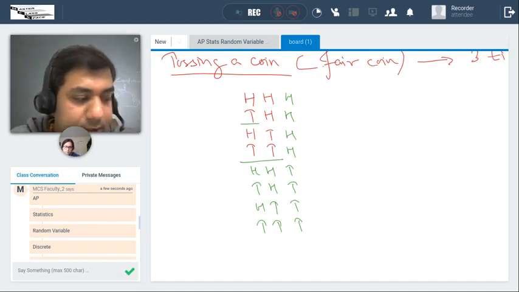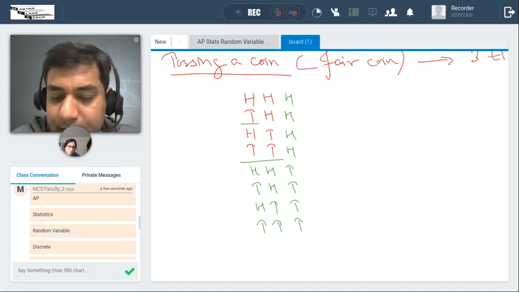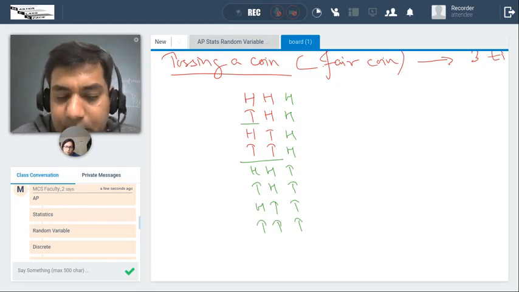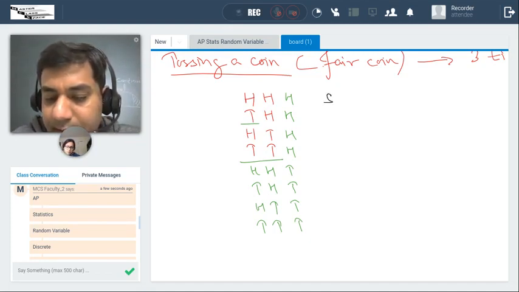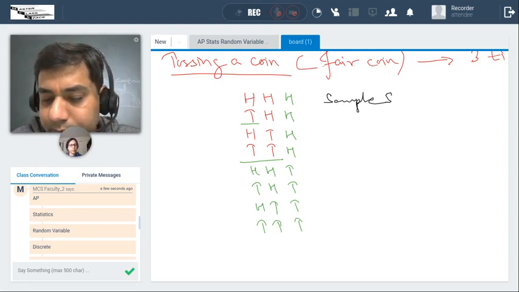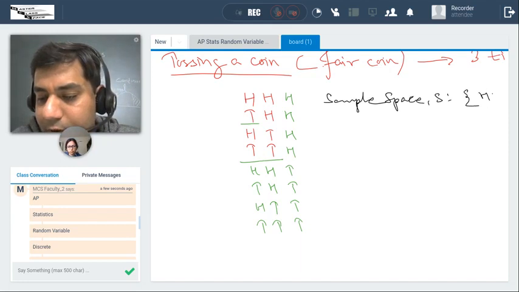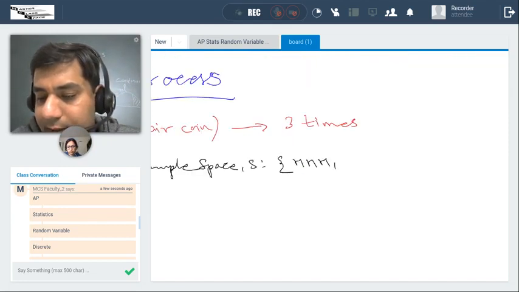This is called sample space. If I have to write it properly, this is the way we write. This is a sample space. My dear friends, I can write S like this. What are the possible outcomes? They are called sample space.